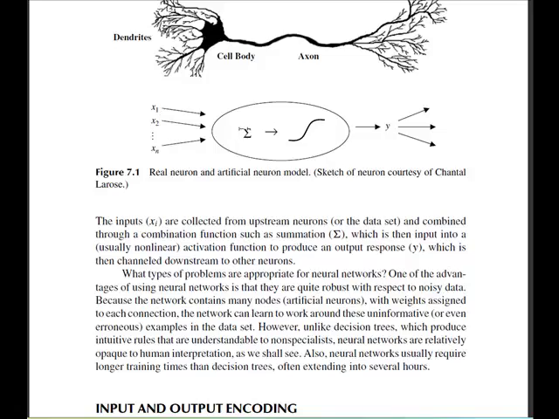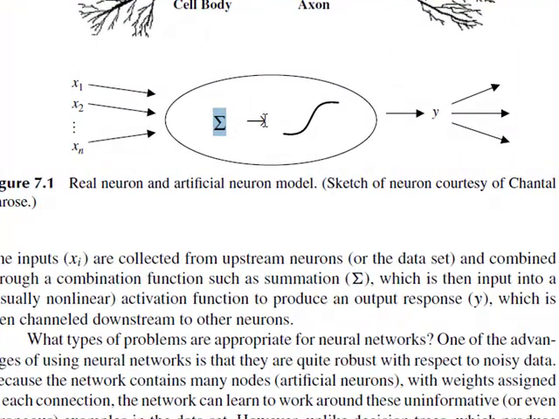So you get stuff here, and then you put it into another function. Basically, this is the sort of brains of the neural network. So whatever you do in order to get an intelligent response, and produce an output response y, which is then channeled down. Then this may be sort of repeated, but we'll ignore that.